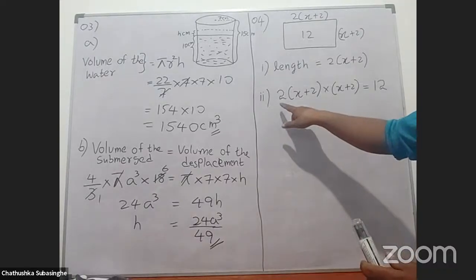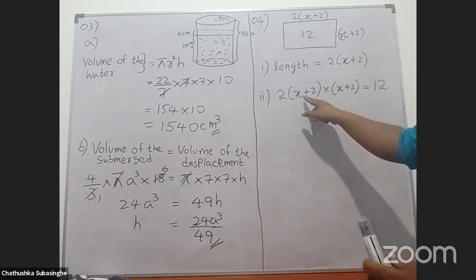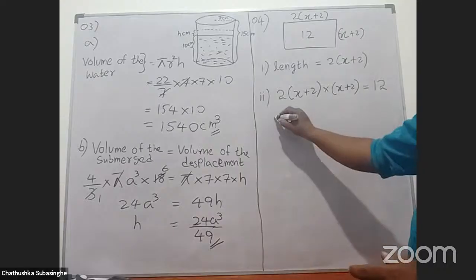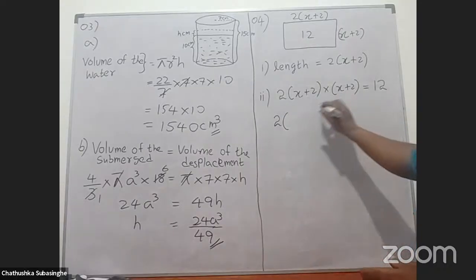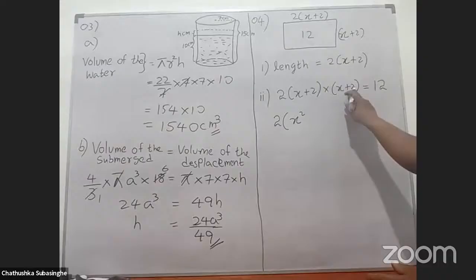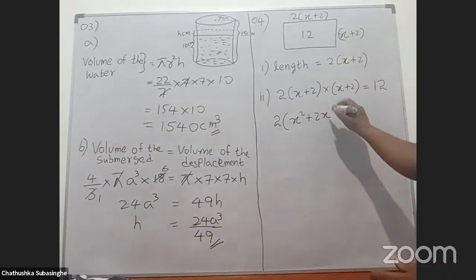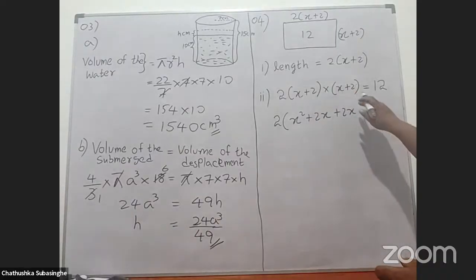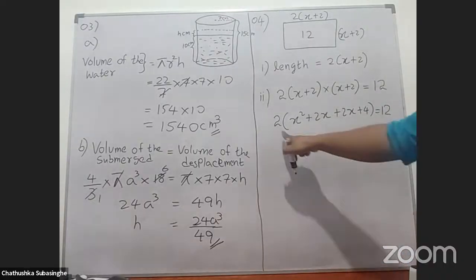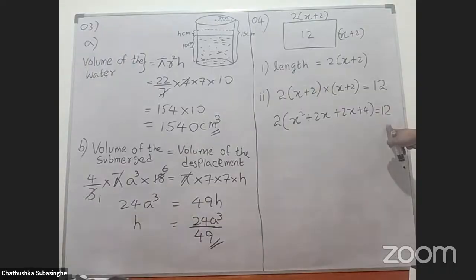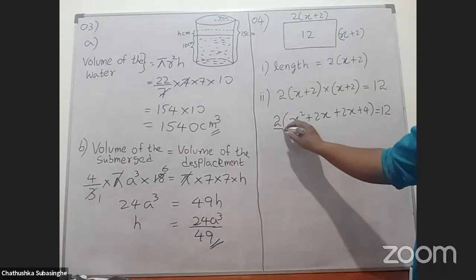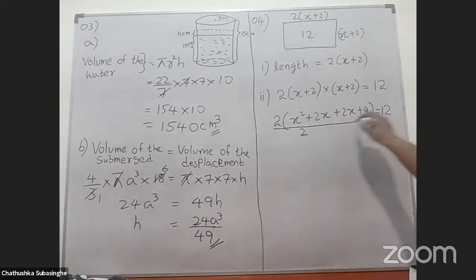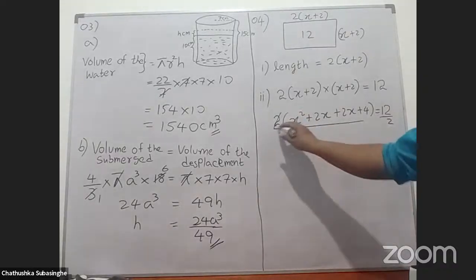Now let's simplify this first. x times x, x squared. 2 times x, 2x. x times 2, plus 2x. 2 times 2, plus 4, equals 12. Now I'm going to take these 2 to the other side by division. Divide by 2, divide by 2, the 2s get cancelled.